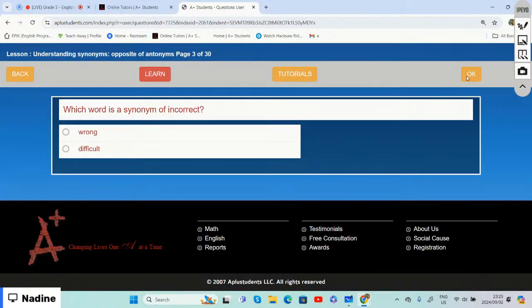The word that's the same as incorrect. Is it wrong or is it difficult?